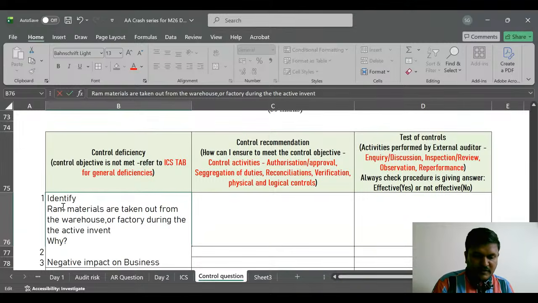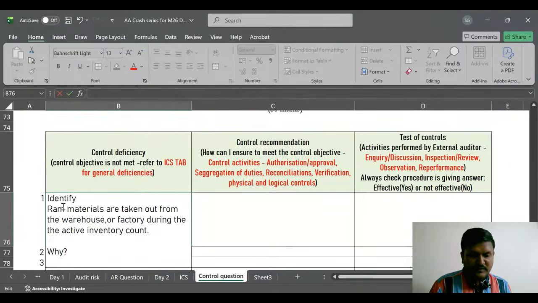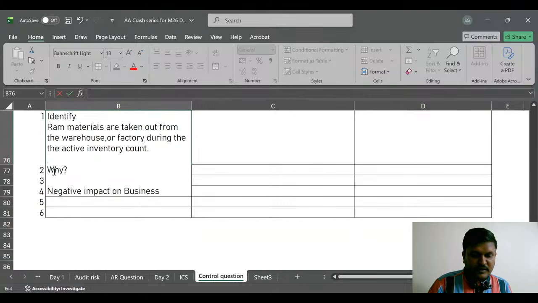During the active inventory count over here. Okay, this is your identification thing. Now, why this could be a particular thing?